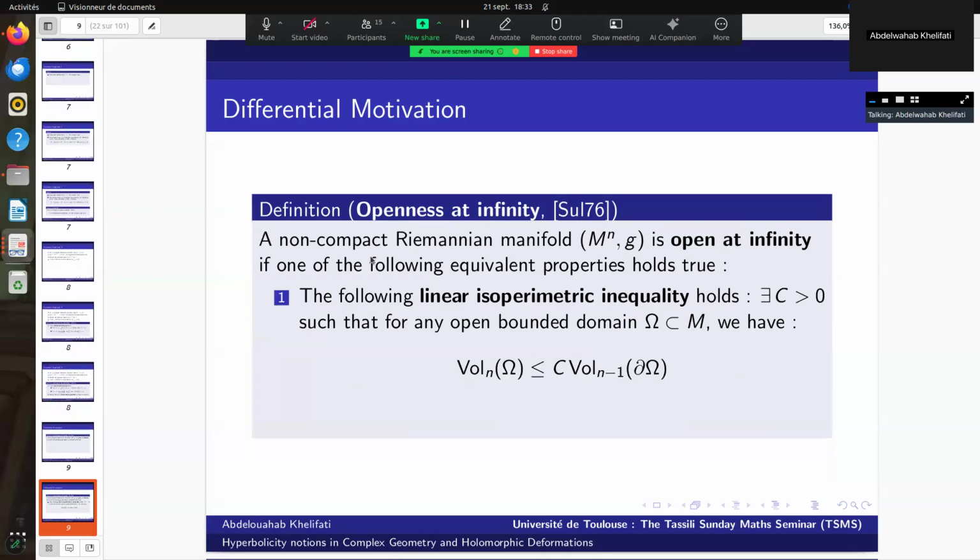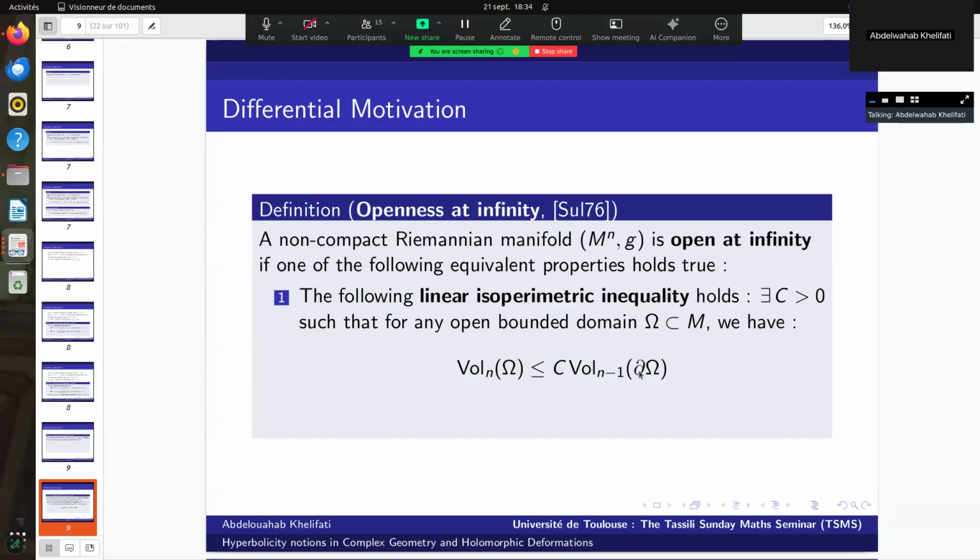It is satisfied if one of the following equivalent properties holds. He proves the equivalence in the same article, or at least indicates that they are equivalent. The first property says that the following linear isoperimetric inequality holds: you have a control on the volumes of open bounded domains in your manifold with respect to the boundary.